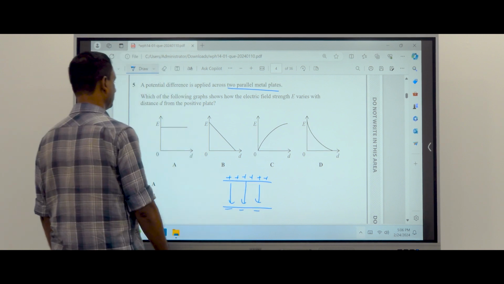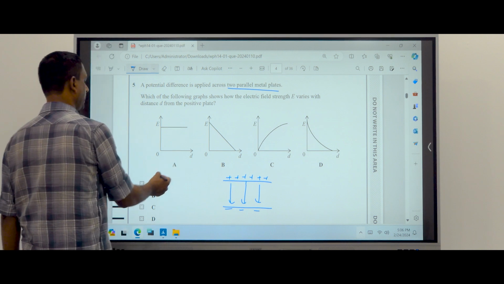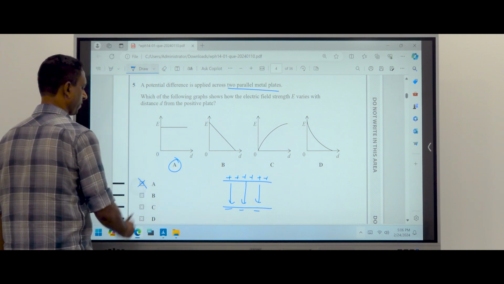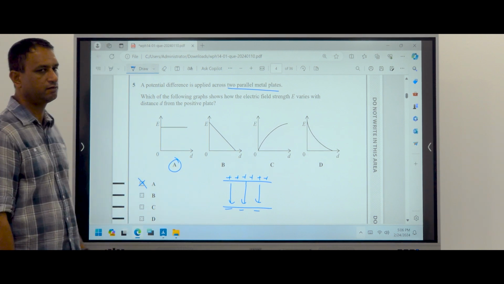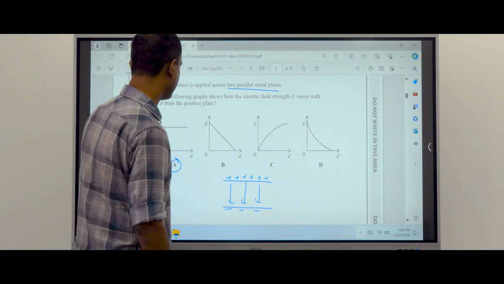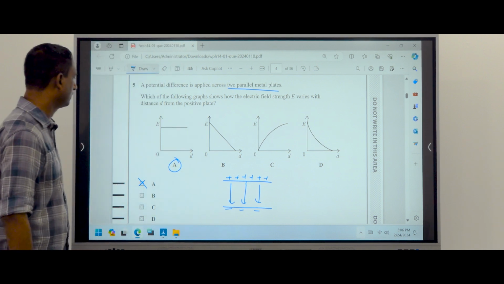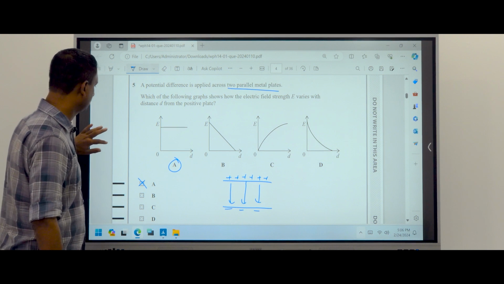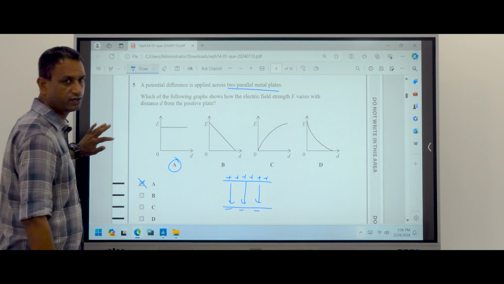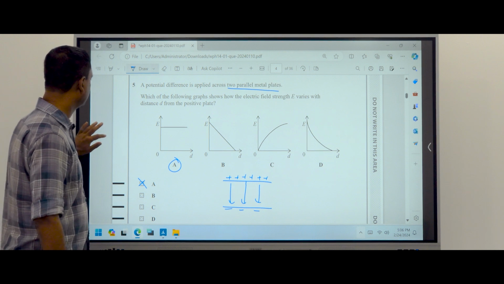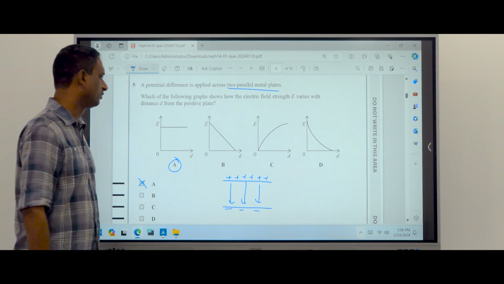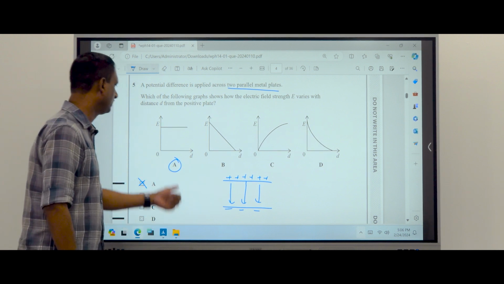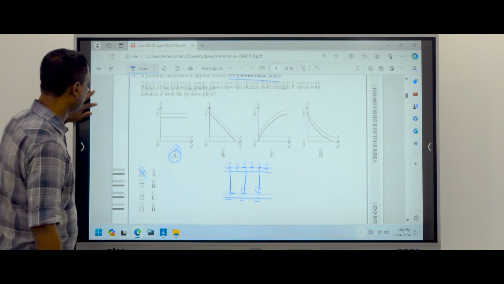Between two parallel plates, a uniform field is produced. It is given by V over d, but as a fact we know it is a uniform field, so the answer is A.